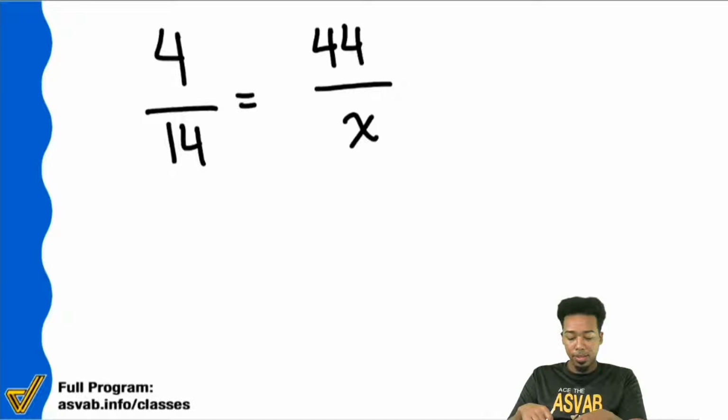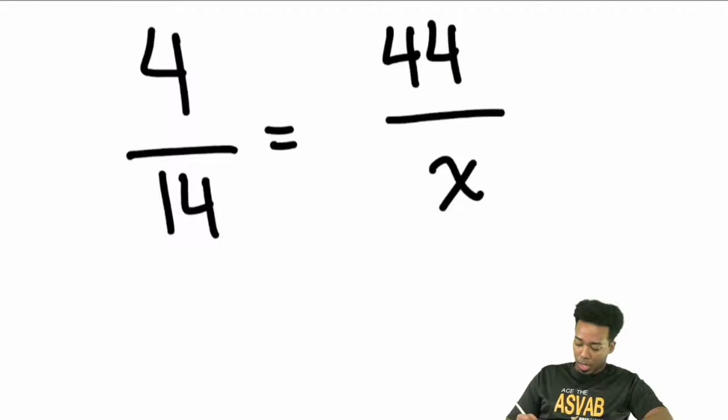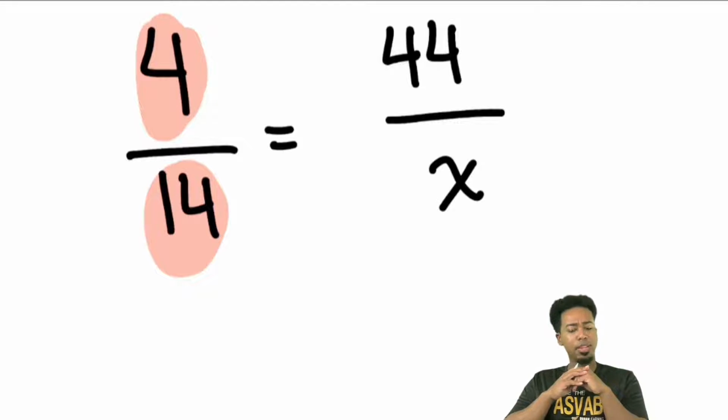If I take a look just the easy way, top to bottom, at 4 and 14, do they have anything that we can simplify here? Is there anything I can simplify from that?